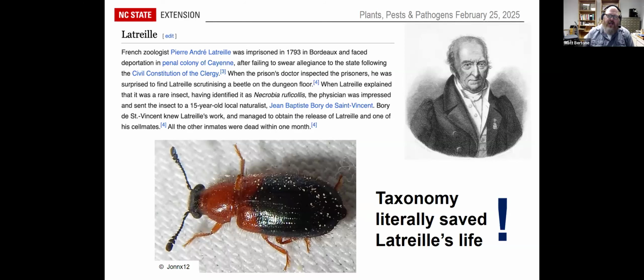The physician was so impressed with that, he understood that this wasn't just any ordinary prisoner, and petitioned to get him released. And this is a very famous taxonomist, especially in arthropods, but also lots of other life. I don't know if that's going to help you practically day to day, but it's a neat story about how taxonomy has saved at least one life in history, and probably more, depending.